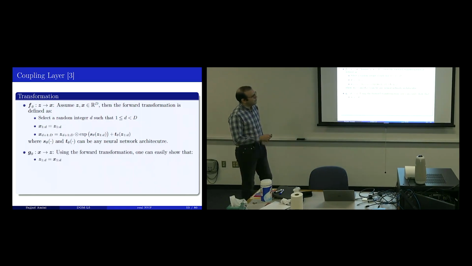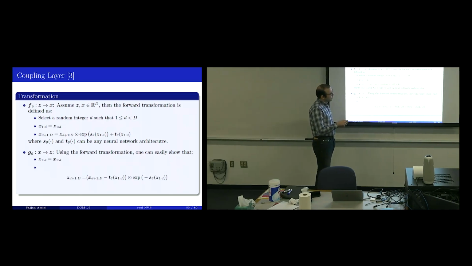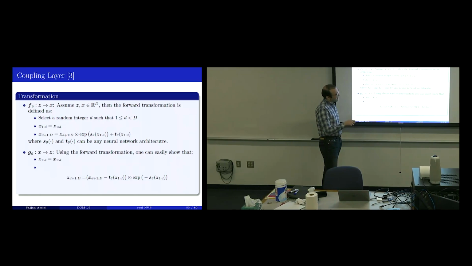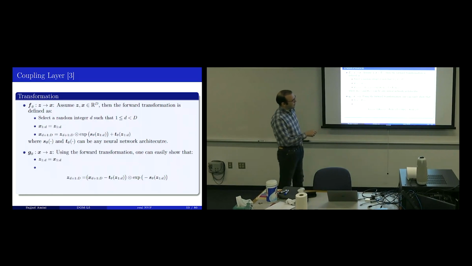So, what is the inverse transformation? In the inverse transformation, again, the first part is copied. For the second part, first you subtract the added part, and then instead of multiplying with s of theta, you multiply with the exponent of minus s of theta. We know that the exponent of minus s of theta can cancel this term.